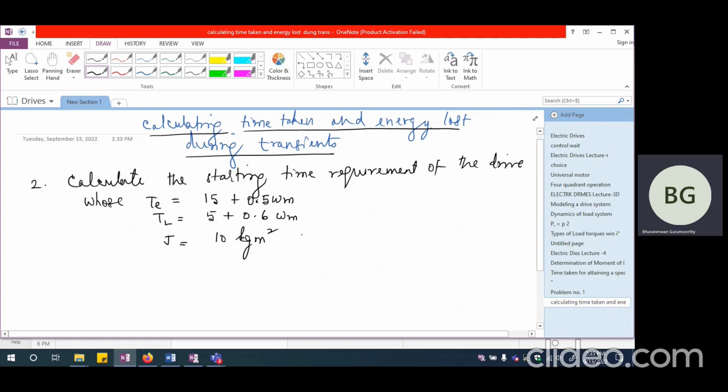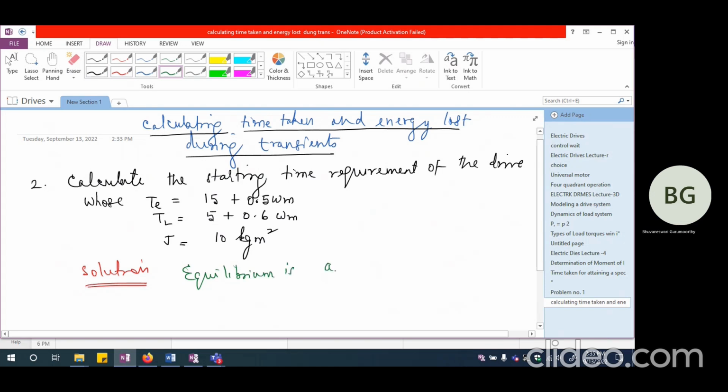So first of all, what we need to calculate is the time needed for accelerating to the steady state speed. So before everything, we need to calculate the steady state speed. Equilibrium will be achieved when TE equal to TL.